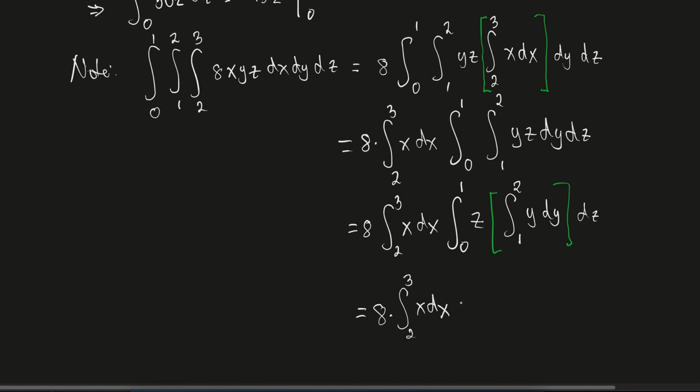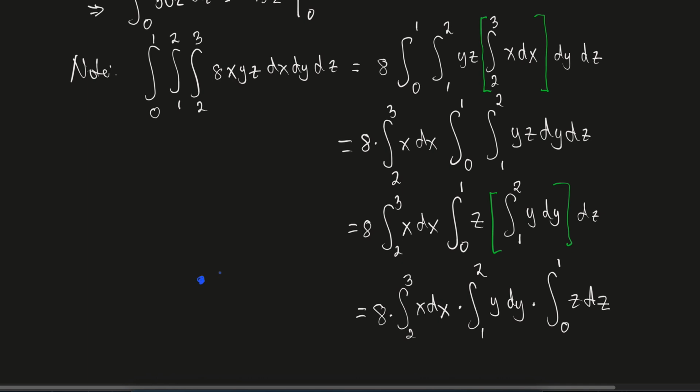So it looks like this: times the integral from 1 to 2 of y dy times the integral from 0 to 1 of z dz, right? So again, it's really just an extension of Fubini's. And now you can see, because these three integrals are being multiplied, it doesn't matter the order of multiplication. We're still going to end up with the same number that we got earlier, which was 15, right?